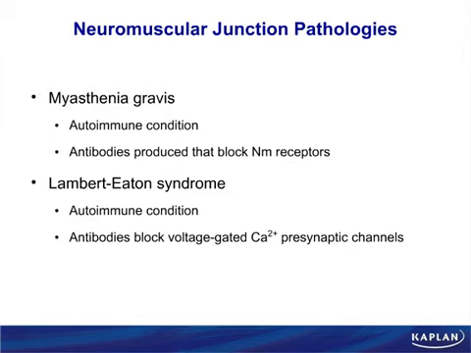At the neuromuscular junction, these antibodies are blocking the voltage-gated calcium channels on the presynaptic membrane. If I'm blocking that calcium, that means less calcium coming in, less neurotransmitter release. Once again, these patients tend to be hyporeflexic and weak because I need that calcium to release acetylcholine.